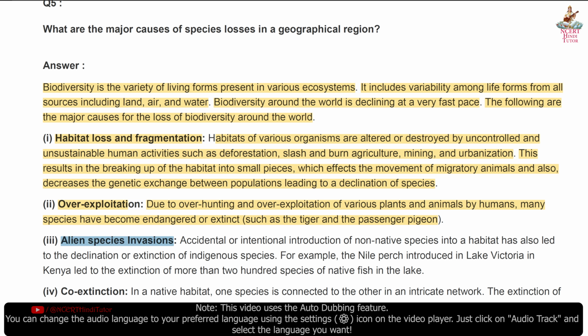Third, alien species invasions. Accidental or intentional introduction of non-native species into a habitat has also led to the decline or extinction of indigenous species. For example, the Nile perch introduced in Lake Victoria in Kenya led to the extinction of more than 200 species of native fish in the lake.